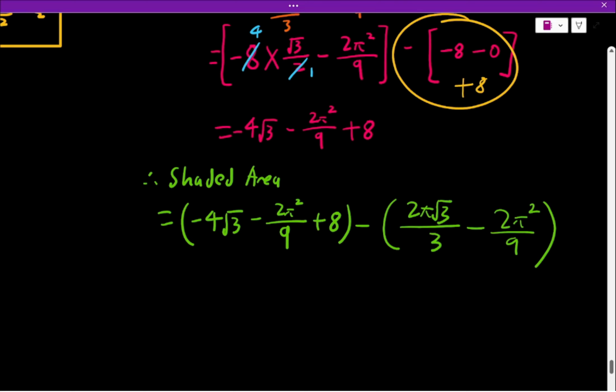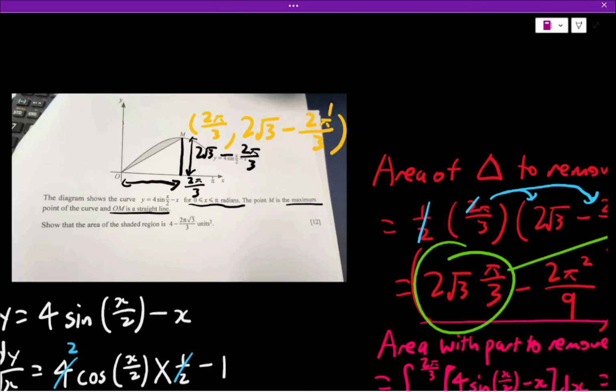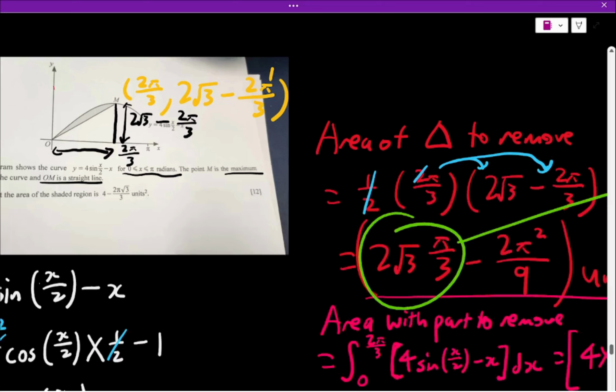Oh no. Okay, so let me go check on some values first. It's 2 pi over 2.